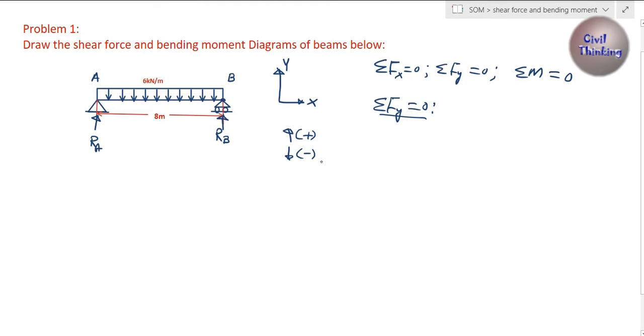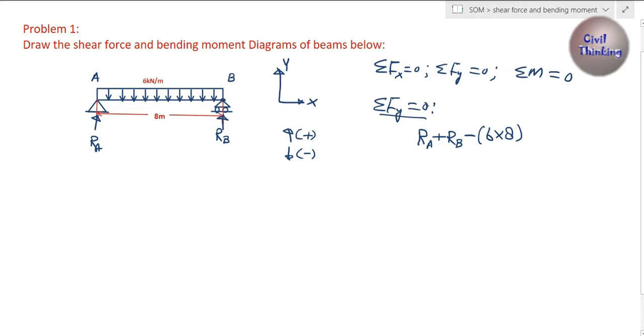Now RA and RB are upwards, so I'm going to use positive sign for them. Let's sum up all the upward forces: RA plus RB. Now this UDL is acting downwards, so I'm going to use negative. How much is the total load due to this UDL? 6 kilonewton is per meter, and the length of the beam is 8 meters, so the total downward force is 6 multiplied by 8.